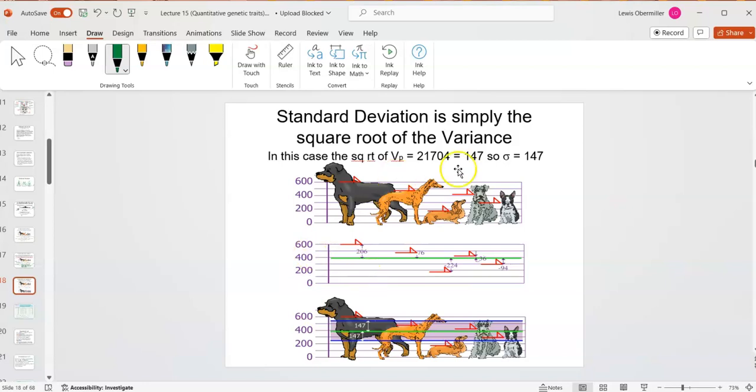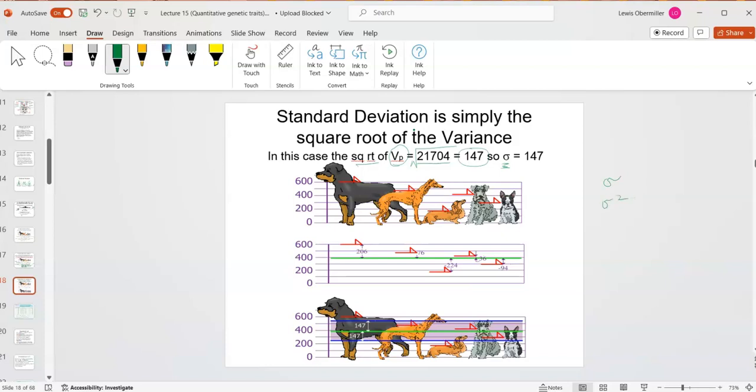All right, so to get it back into something meaningful, because that's a huge number, we square root the variance of the phenotype. So we take 21,704, we square root it, we get 147. So this is standard deviation.